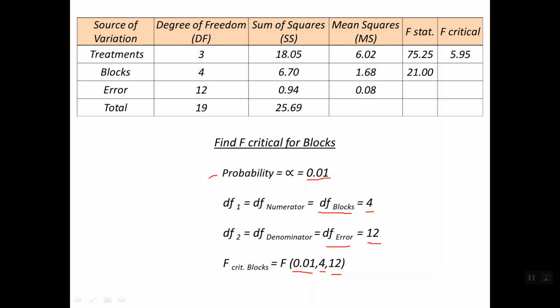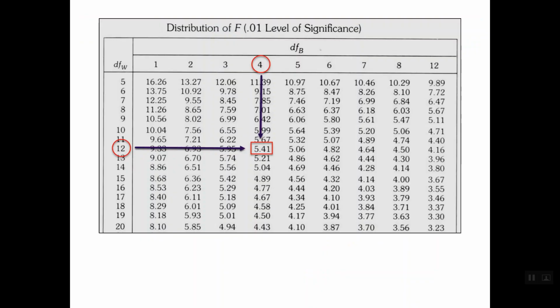We can simply use the same previous table, but for the blocks, the degree of freedom is 4, and regarding the second degree of freedom, it is for the error. So the intersection between these two values is simply 5.41.